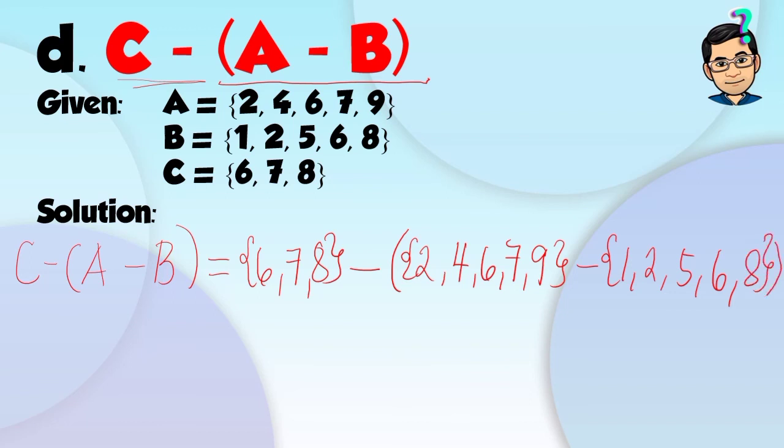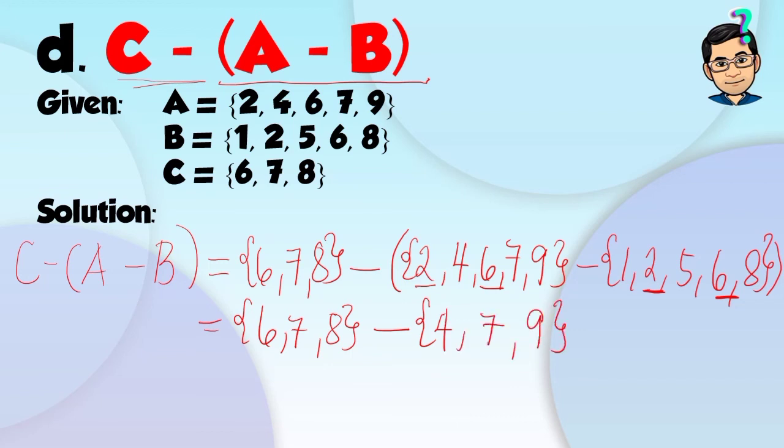So, dito muna tayo dun sa A minus B. Ang mga common elements ng A and B are 2 and 6. So, ano na lang natira dun sa set A? 4, 7, and 9.